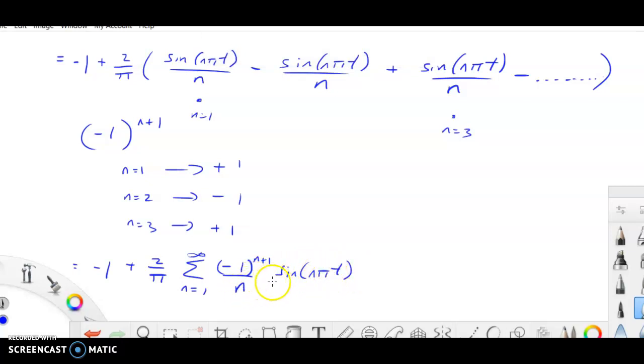That's where that n comes from there. I could have had it over this one, but this here is just a more concise version of this stuff up here, right? And we use this structure here to account for the switching positive and negativity.